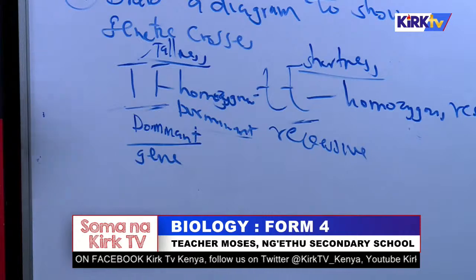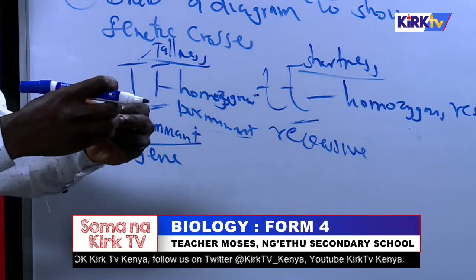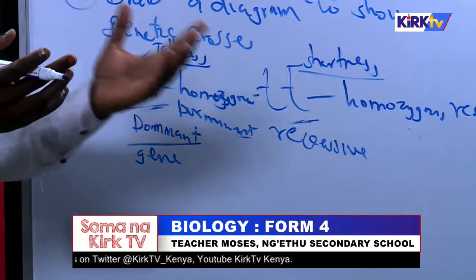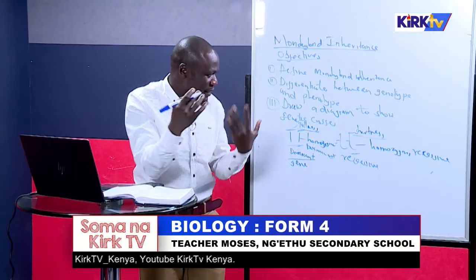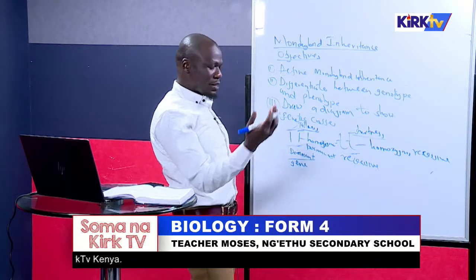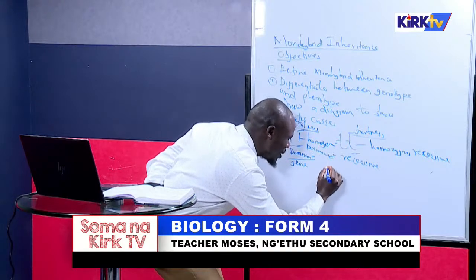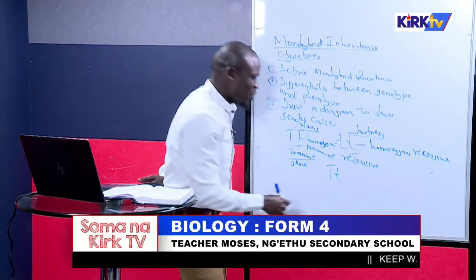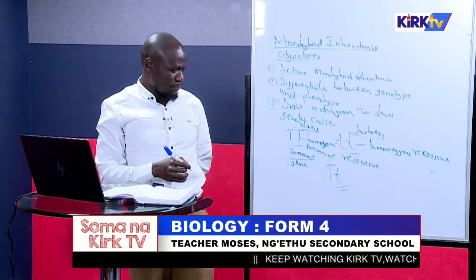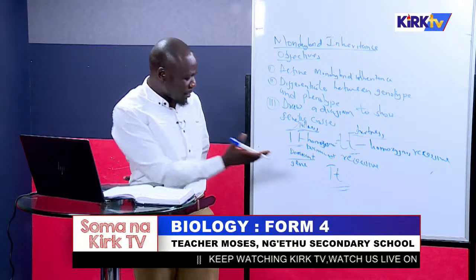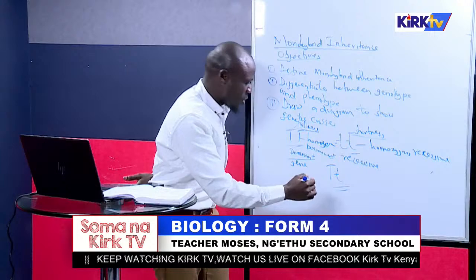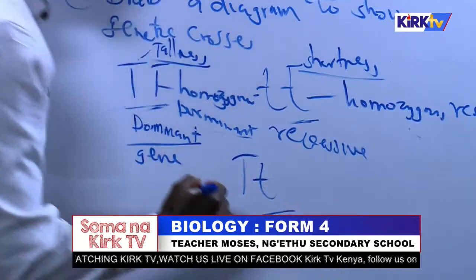But sometimes you might find that the two genes can be mixed, or during the process of passing of genetic materials, the two genes can get together, whereby instead of having pure dominant and pure recessive, we have a dominant gene and a recessive gene. Now, how do we call this category of gene? For this case whereby we have a mixture of both dominant and recessive, we refer to it as heterozygous.